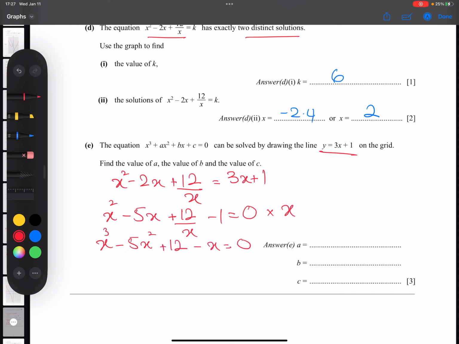Let me just rearrange again. x to the power of 3 minus 5x squared minus x plus 12 equals to 0. So a is minus 5, b is minus 1, and c is 12. Minus 5, minus 1, and 12. These are my values for a, b, and c. All right.